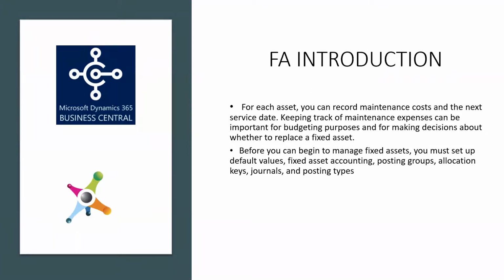Then, for each asset, you can record maintenance costs if you need them, and the next service date as well, which are expenses. Keeping track of maintenance expenses can be important for budgeting purposes, specifically because you need to control those, and for making decisions about whether to replace a fixed asset. So in other words, we have generated reports keeping track of your expenses, and specifically we need to input per asset what those expenses are, like maintenance or insurance.